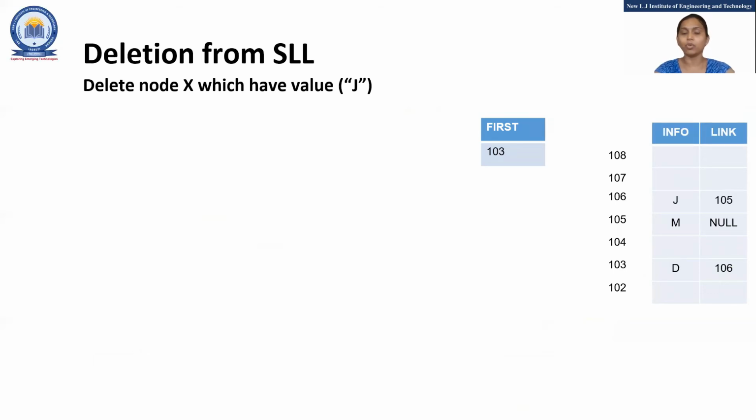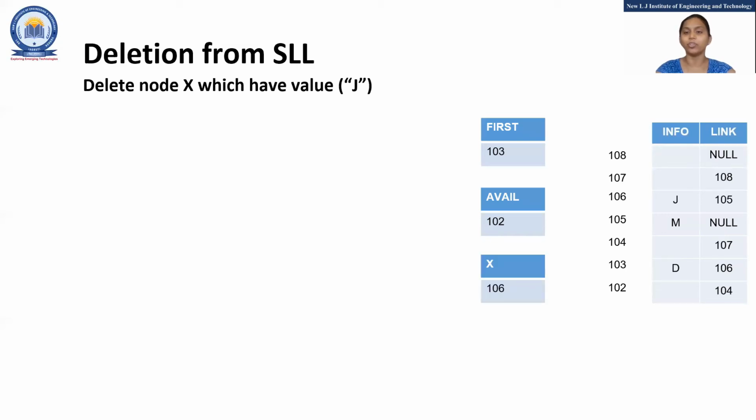In the deletion, what can you do? First of all, the question itself has some specific node position that I want to delete, like 104 or 105, a memory location can be given, or you can be given the info part. In our case, it says J would be deleted. J is at which location? 106, right? So avail is there, first is there.